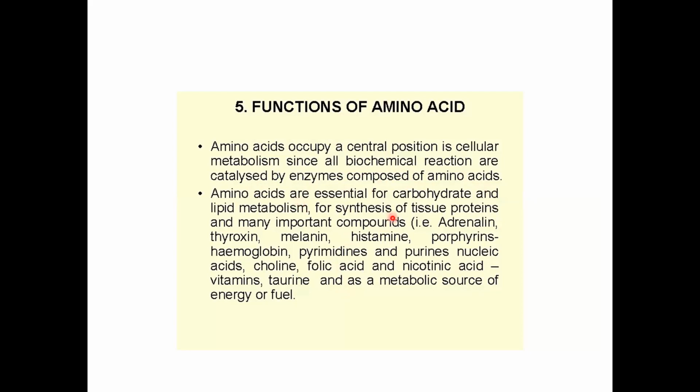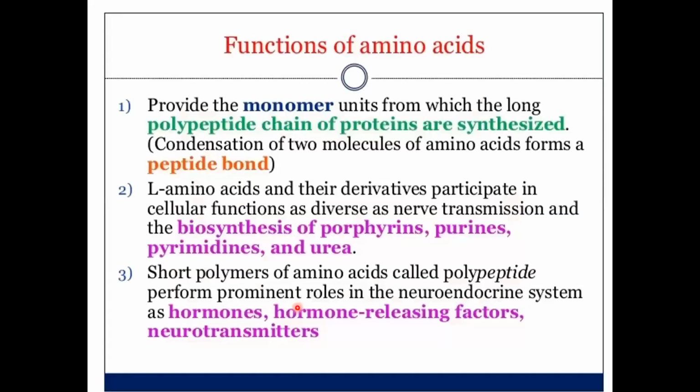So the amino acids are essential for carbohydrate metabolism, lipid metabolism, synthesis of the tissue proteins, and many compounds like adrenaline, thyroxine, melanin, histamine, porphyrins, hemoglobin, pyrimidines, purines, nucleic acids, choline, folic acid, nicotinic acids, vitamins, taurine, and as a metabolic source of energy like glucogenic amino acids. So a lot of functions of these amino acids.